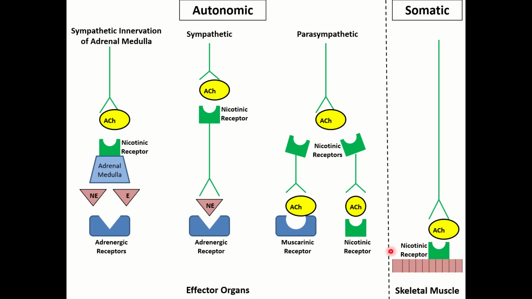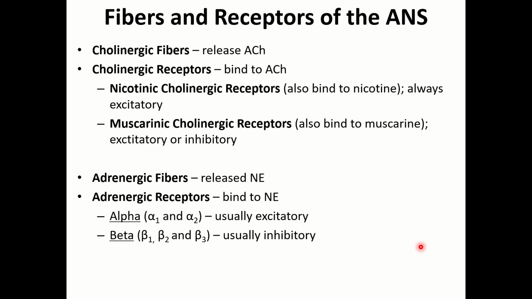And so a nicotinic cholinergic receptor is your best bet right here for activity. Now, when you move over here, you see that there's another type of receptor, and that's called a muscarinic cholinergic receptor. So muscarinic cholinergic receptors are either excitatory or inhibitory depending on the organ they're bound to and the variant of acetylcholine receptor that they bind to themselves.